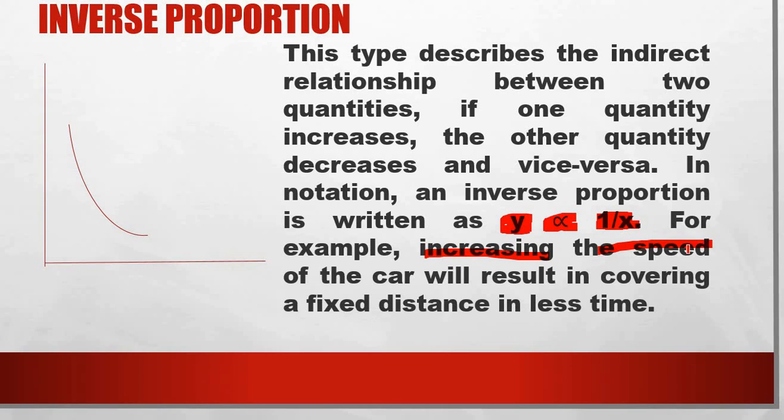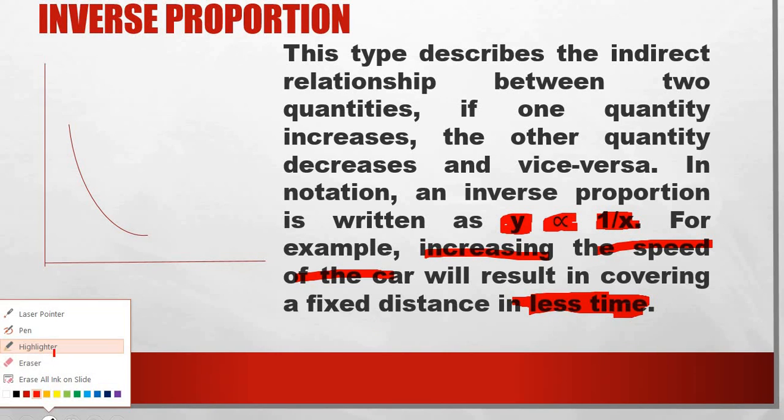Increase in the speed of a car will result in covering a fixed distance in less time. The more the speed, the less time it takes to cover a certain distance.